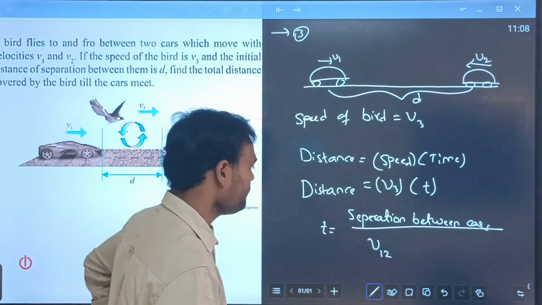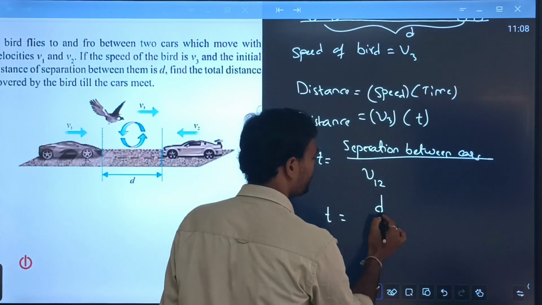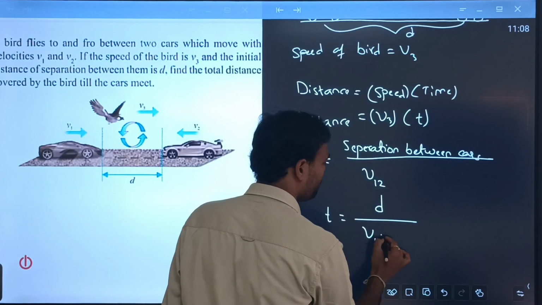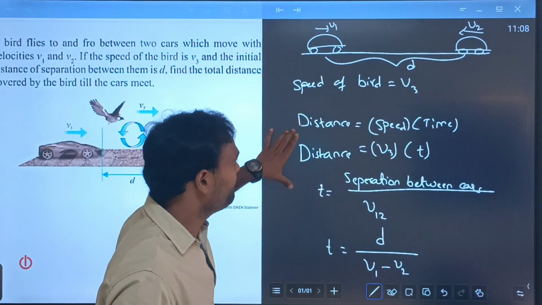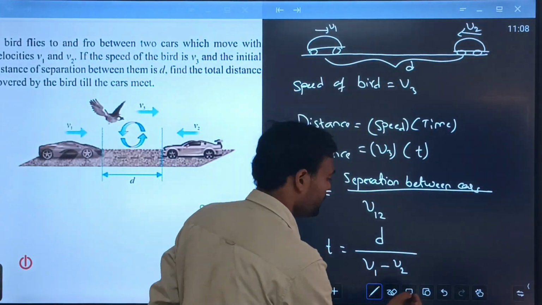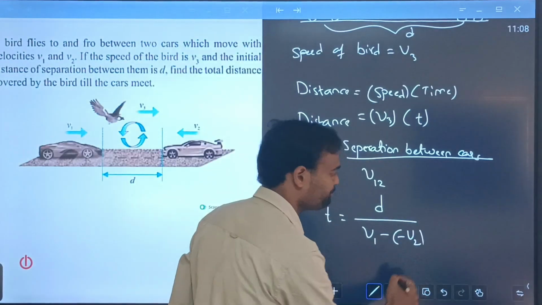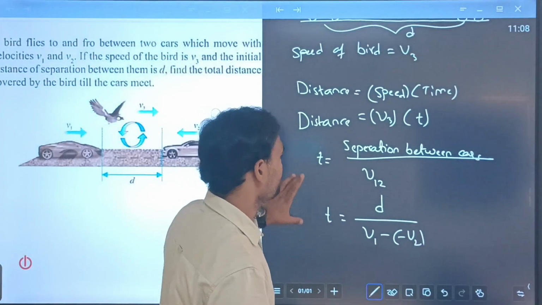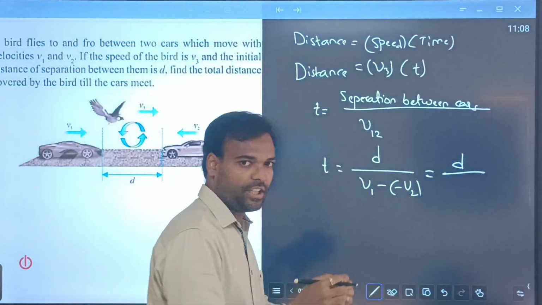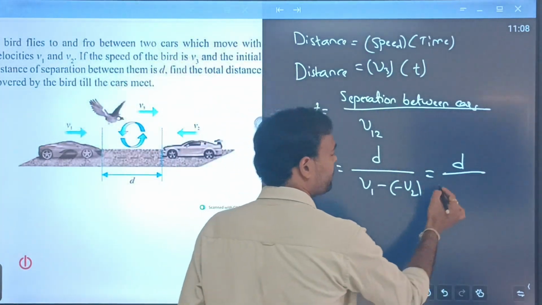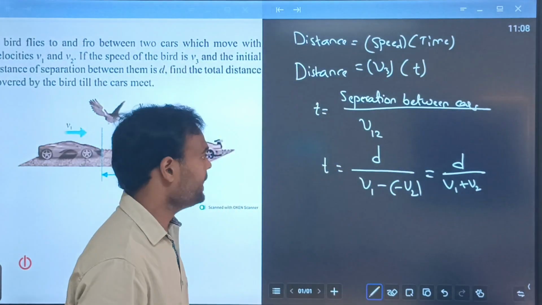Now t is equal to separation by velocity of 1 minus velocity of 2. But remember very carefully, v2 is moving in the leftward direction, so we have to keep it as minus v2. Now the time taken for the cars to meet each other is equal to d by v1 plus v2.